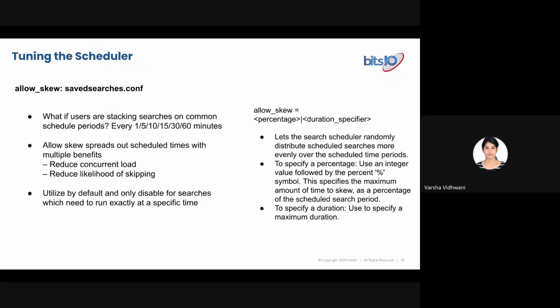Another way is to give a duration like 30 seconds, 2 minutes, or 10 minutes, which would mean Splunk can randomly distribute the search within that duration. Behind the scenes, this lets the scheduler randomly spread out all the searches, making the workload much smoother and significantly improving the reliability.